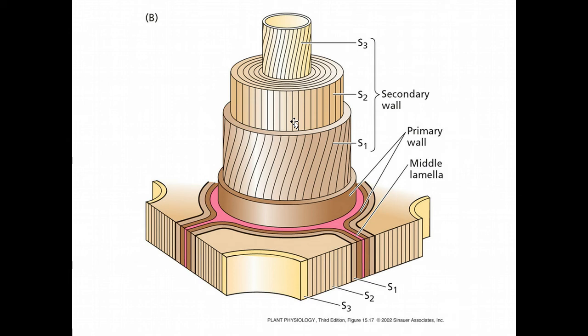I like this because it shows you all these potential layers of secondary cell wall that can occur. A lot of times, in addition to just cell wall material, we have this compound called lignin, and we'll go over that again. Lignin is what makes wood.